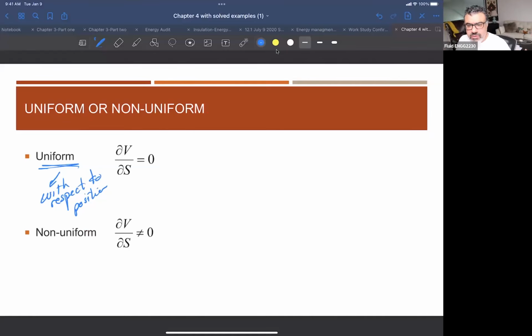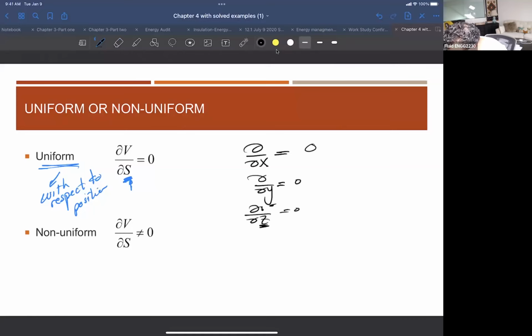So d by ds is 0, d by, oops. So those x, y, and z, or s. S here is polar coordinates, right?